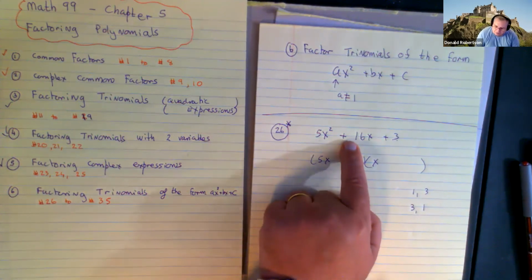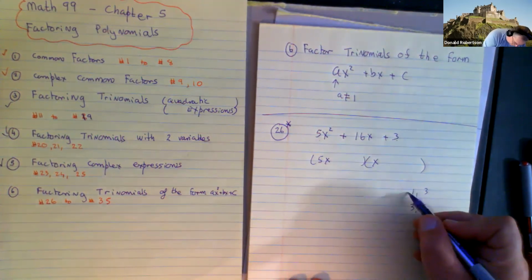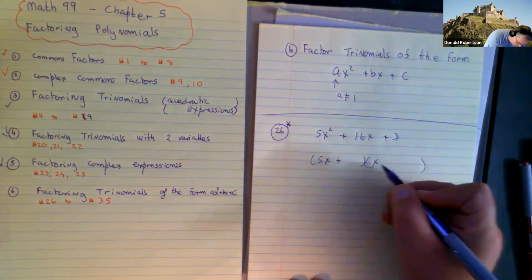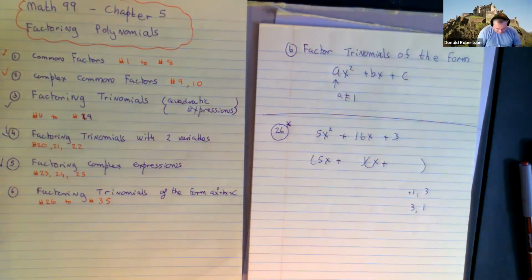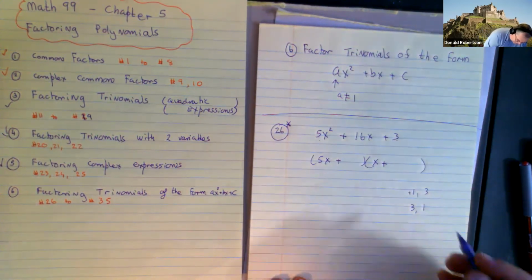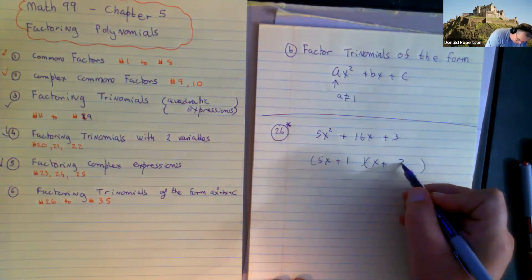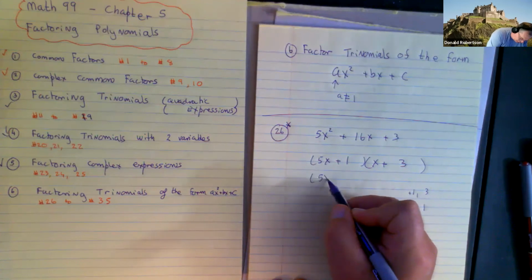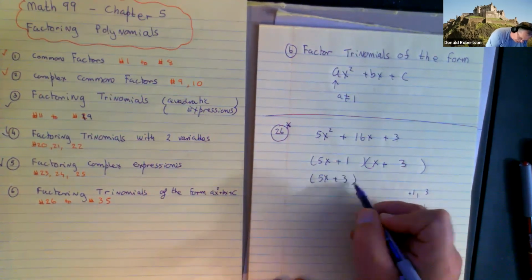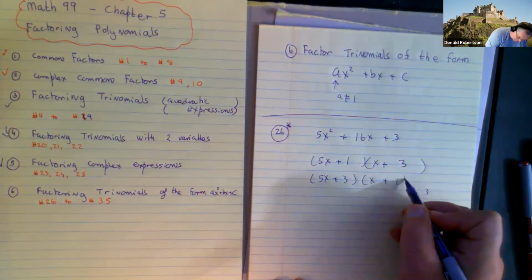Now, since the middle term is positive, that gives me a little bit of help. It means that both these are pluses. So technically, I've only got two choices. I can do plus 1 with plus 3, or I can switch the positions and do it in that order.